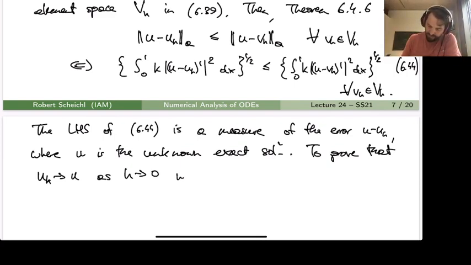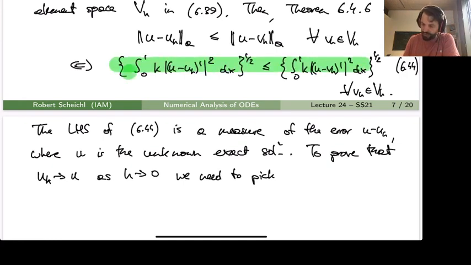And for doing that, because we know that this inequality holds, we don't need to prove it for our solution u minus uh. We just need to choose a clever vh in Vh for which we can bound the error or show that it converges, and then it also holds, of course, for u minus uh because that's the best approximation.